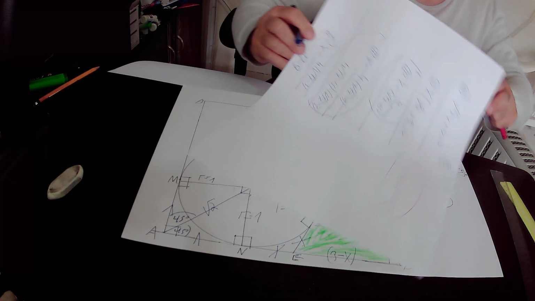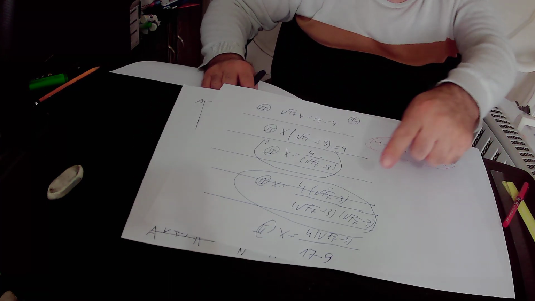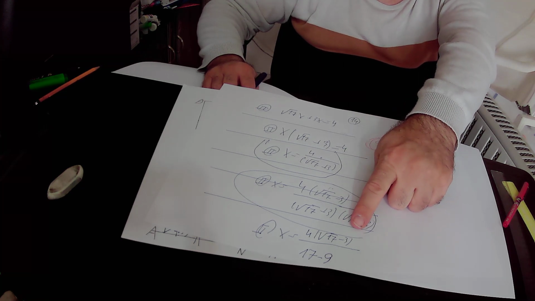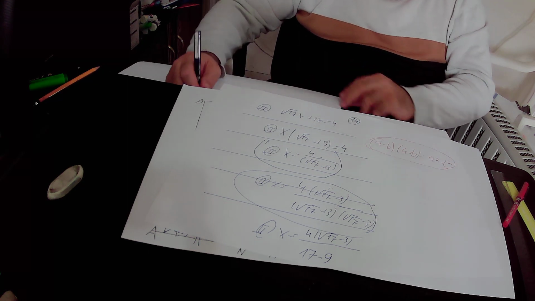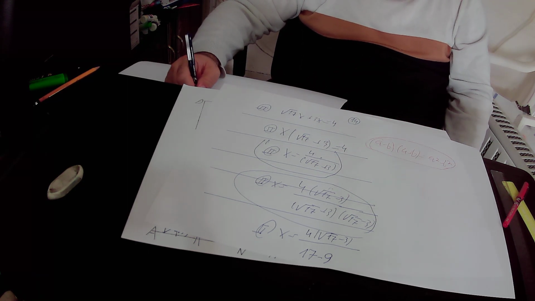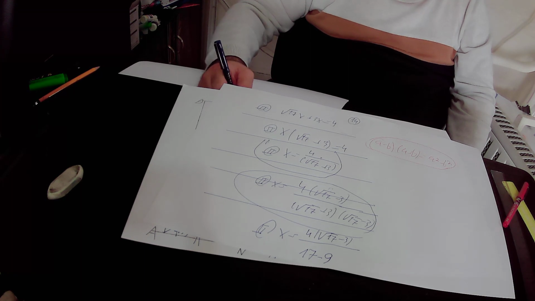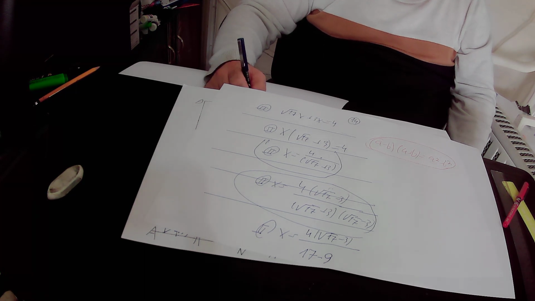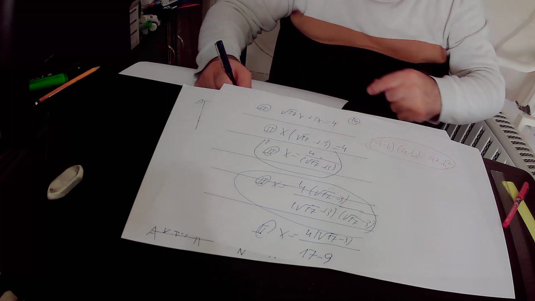So according to equation number 2, x equals to 4 times square root of 17 minus 3 over 17 minus 9, which is 8.